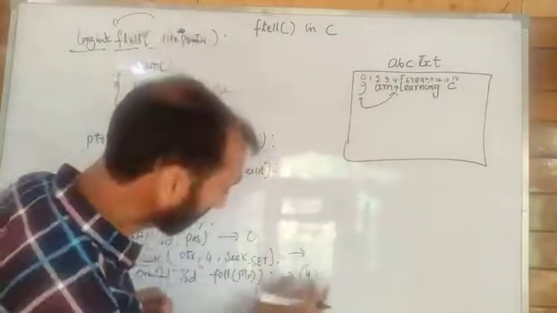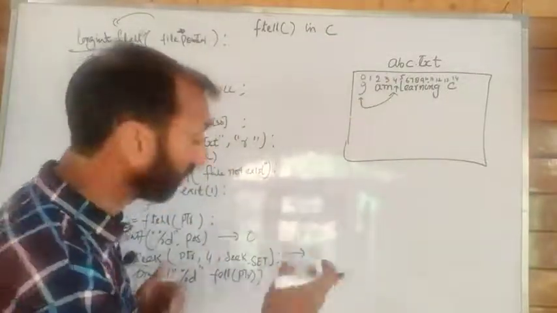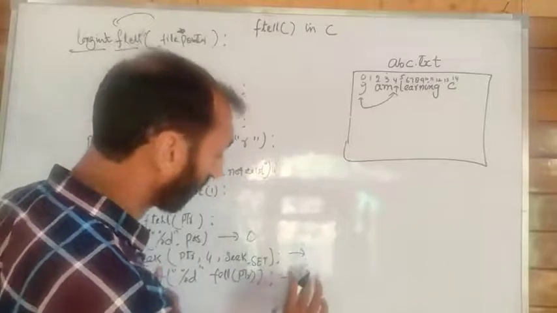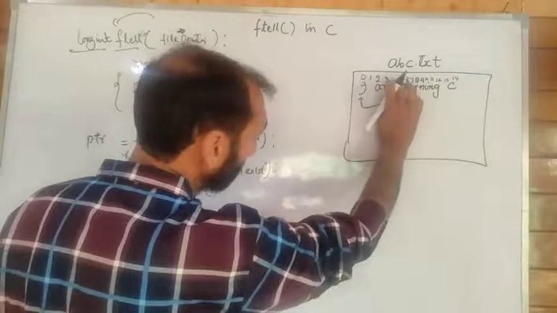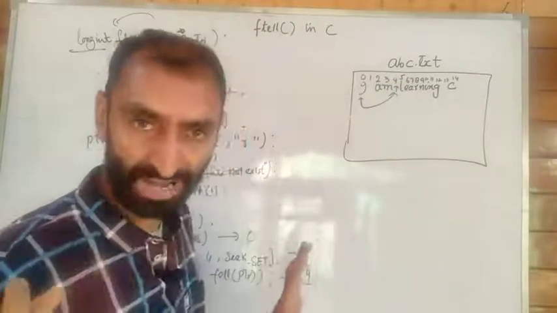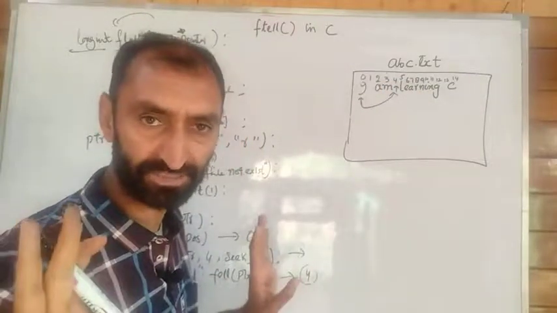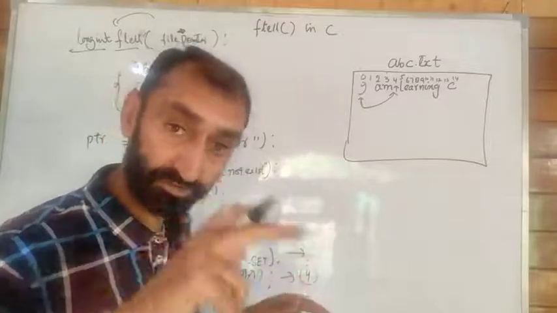Now if we want to know what is the value at this index 4, we know that at index 4 it is a blank space, but blank spaces are also counted.